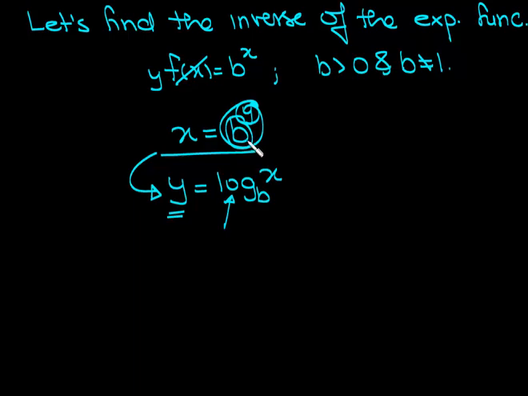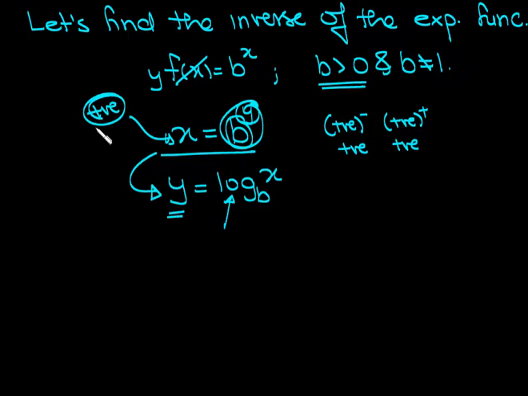Because if you take a positive number and raise it to a negative power or a positive power, doesn't matter what it is, you're going to end up with a positive number in both cases. That tells me this x must be positive. It's never going to be 0, it's just going to be positive. Keep that in mind, because that's one of the things about logs that's different.